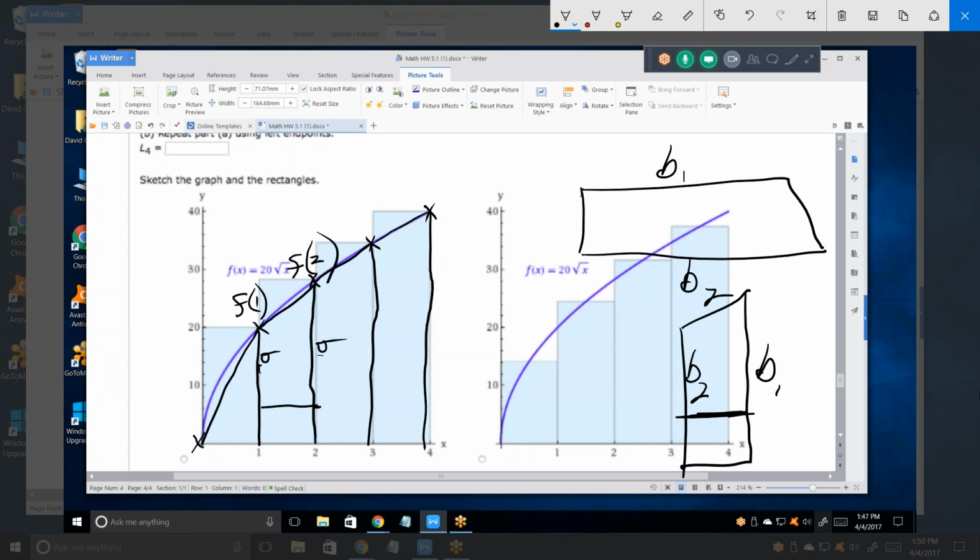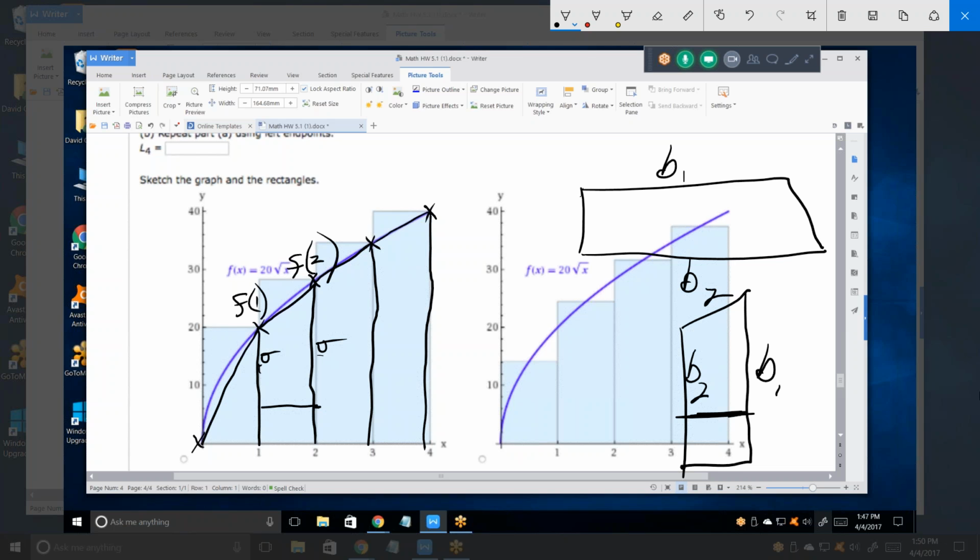Just like we knew the height of each rectangle was something called either f of 1, f of 2, or f of 2.5. In other words, you get your dimensions not by getting a number off the y-axis. You get it by substituting into the function.